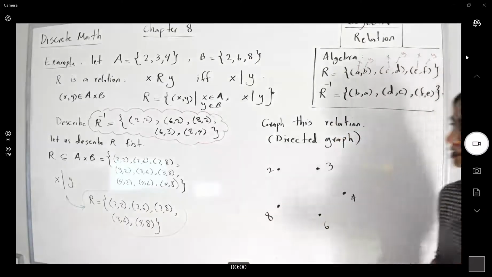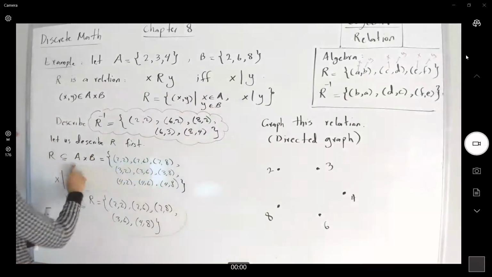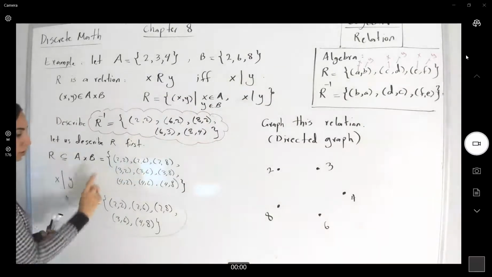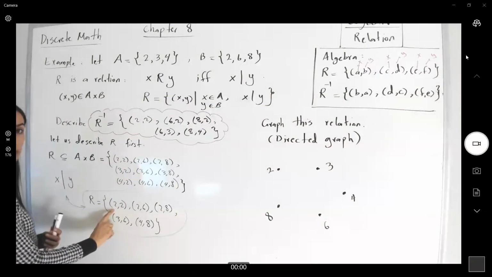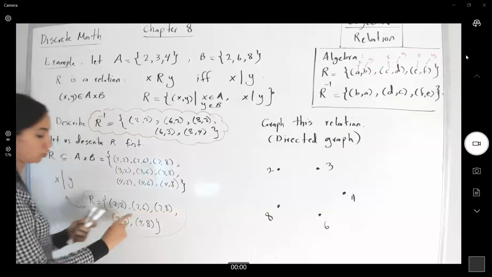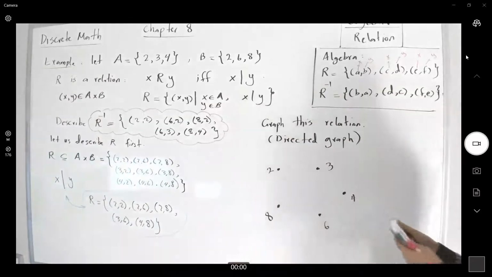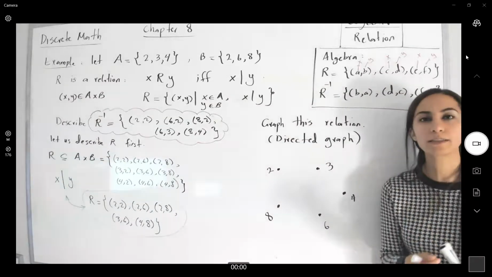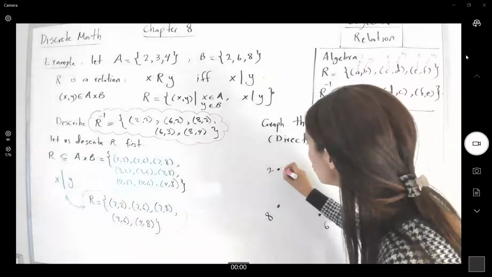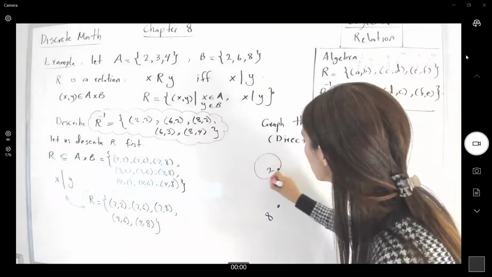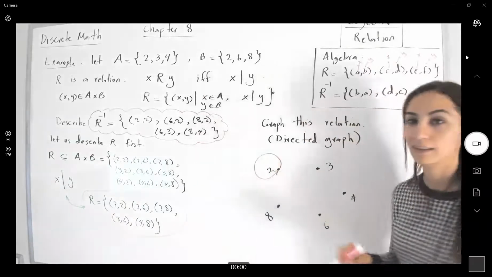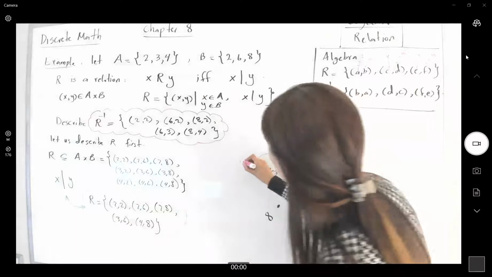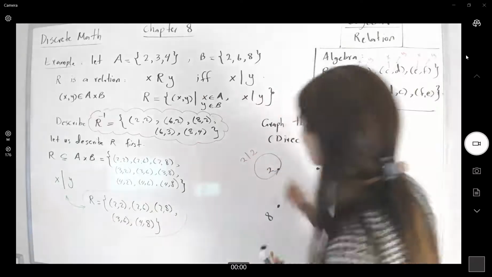This relation is a subset of the Cartesian product. Okay, so 2 is connected to 2. It means that we're going to use a loop representing this relation. 2 divides 2.